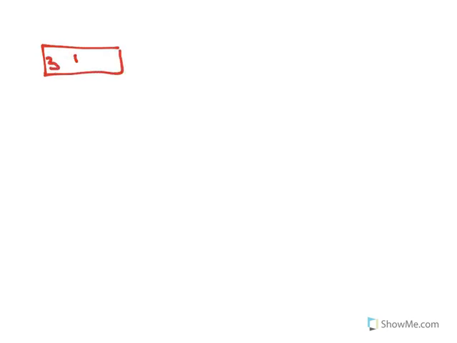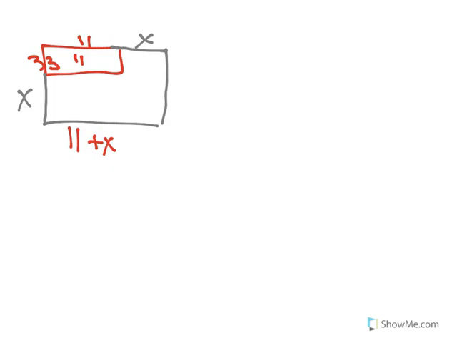There's my 3, there's my 11, and I'm going to increase it by the same amount. So there's an additional x units, there's an additional x units. If that red part is 11 and that gray part is x, then this is 11 plus x.